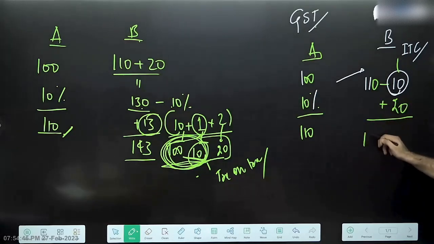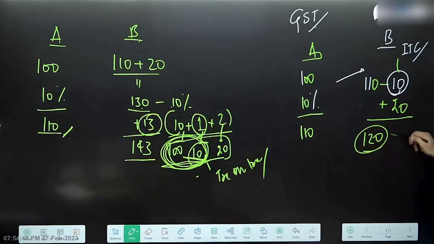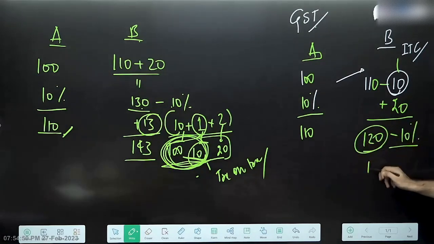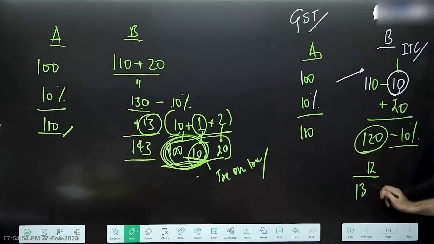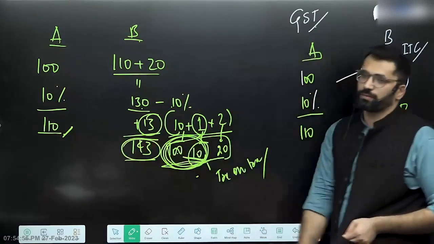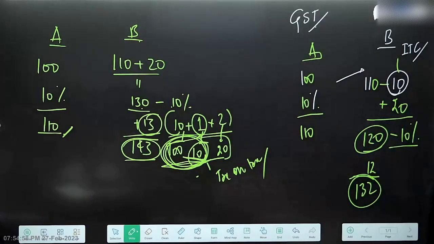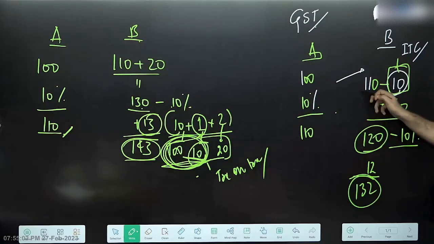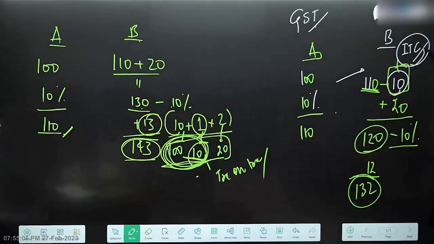So the total good is 120. 10% on 120, the total becomes 132 as compared to 143. This 10 rupees has already been paid at this stage, which is part of 110, so this becomes your input tax credit.